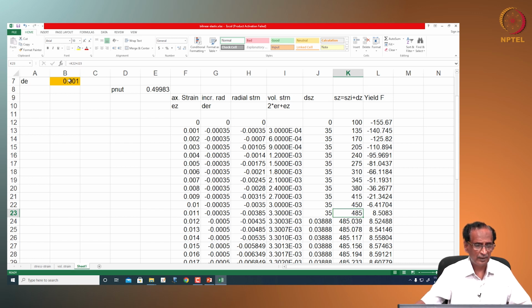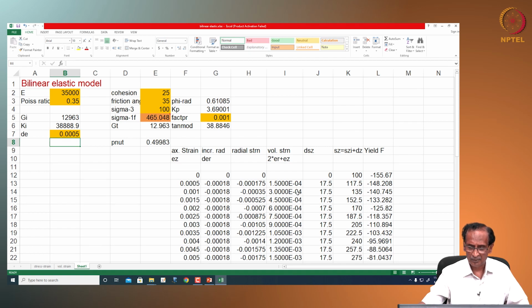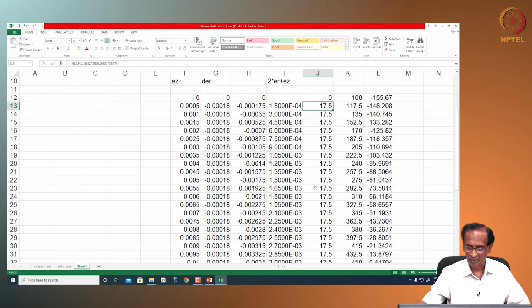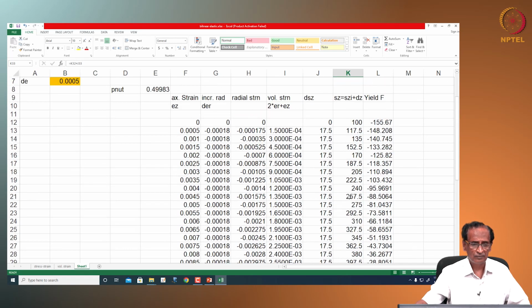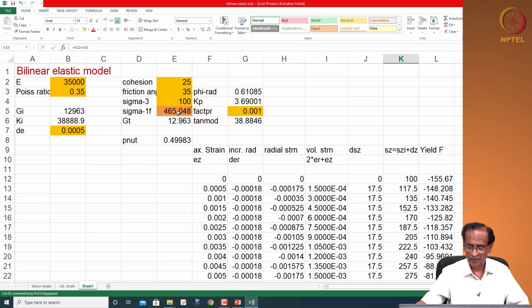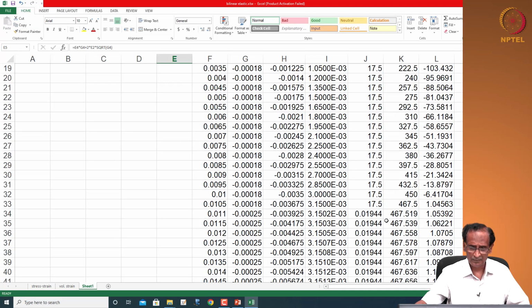So, we can further decrease this, let us say 0.0005. Okay. So, our incremental stress is only 17.5, okay, and so our yield stress is 467.5, which is very close to 465, but then the penalty that we are paying is in terms of the number of steps of analysis.